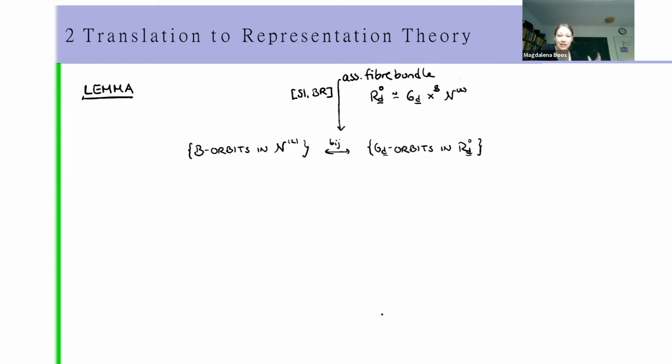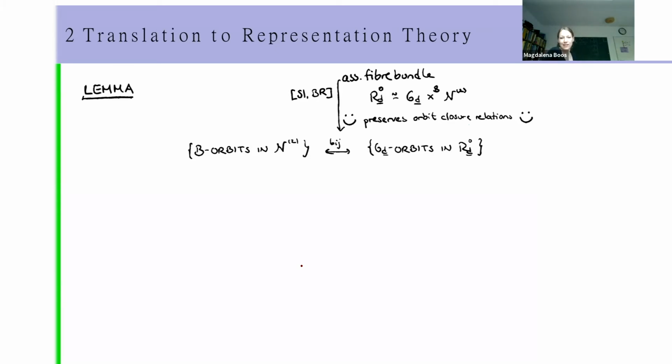The nice thing is that this associated fiber bundle construction is geometric. And this means that we are lucky, it preserves orbit closure relations. This is not just any bijection, but it's a strong one. It relates, for example, types of singularities and certain dimensions of stabilizers so that we can transfer dimensions.